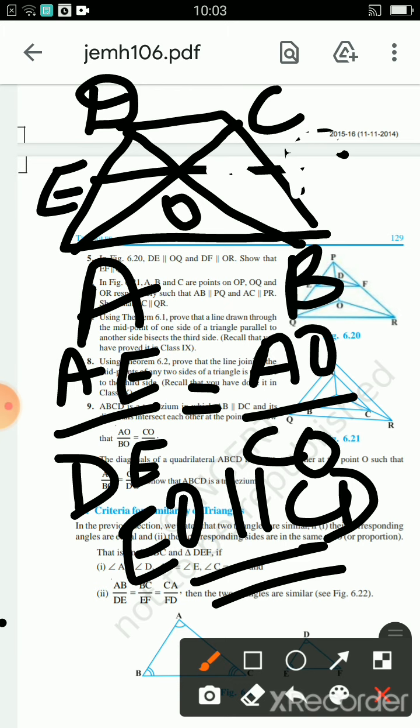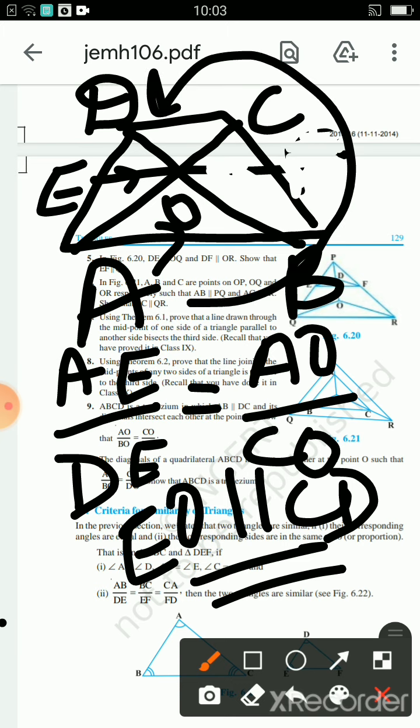So by this EO is parallel to CD. Already by construction we had taken that EO is parallel to AB. From the solution we get EO parallel to CD. So we can say AB is parallel to CD. And the only property of a trapezium is that one pair of sides is parallel. So yes, ABCD will be a trapezium.